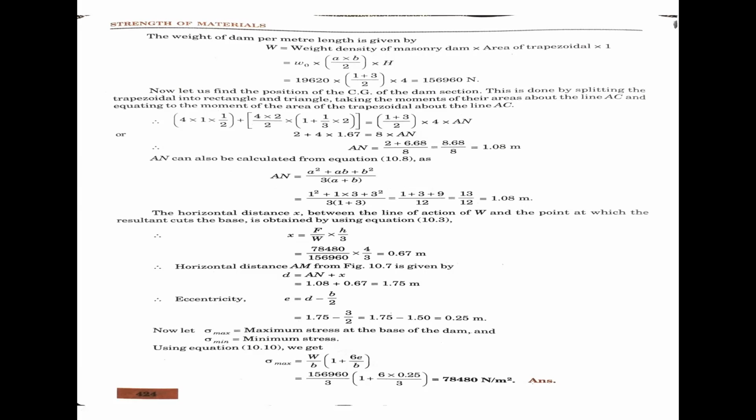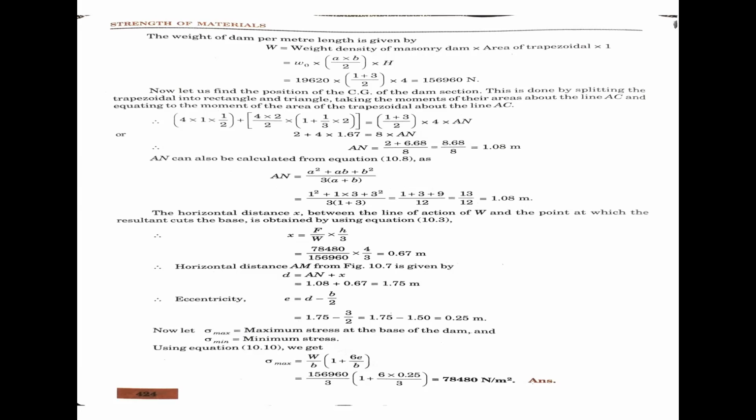Okay. Now let us find the position of the center of gravity of the dam section. This is done by splitting the trapezoid into a rectangle and a triangle. Taking the moment of their areas about the line AC and equating it to the moment of the area of the trapezoid about the line AC.